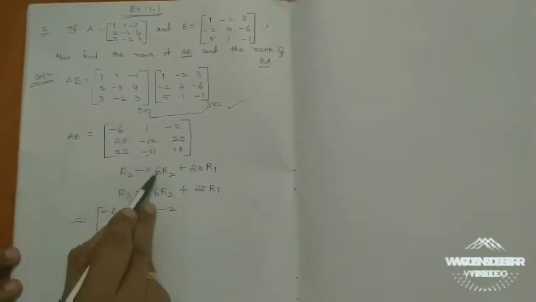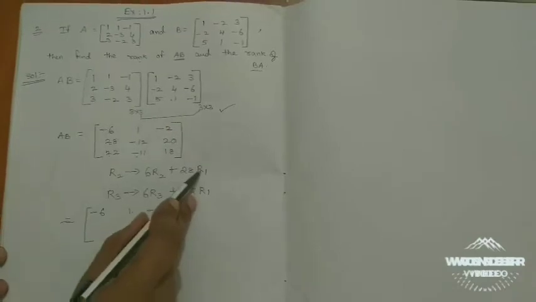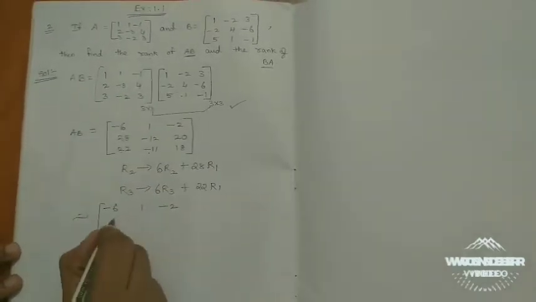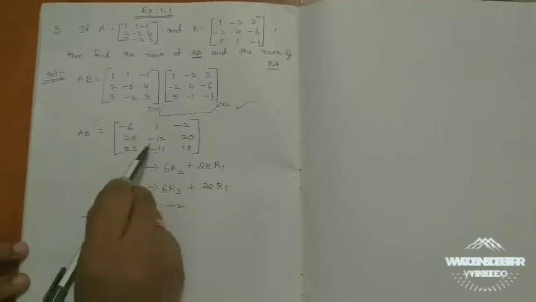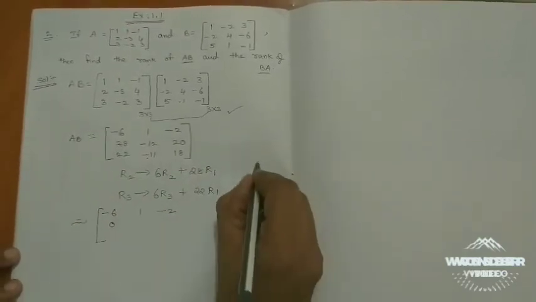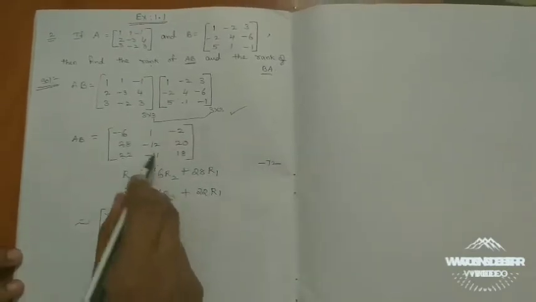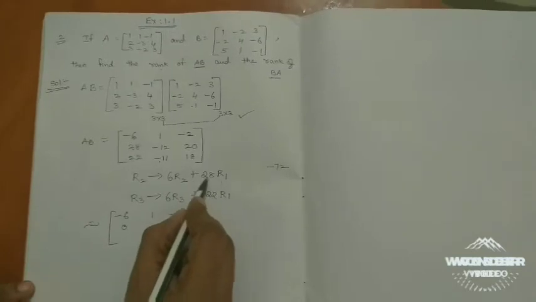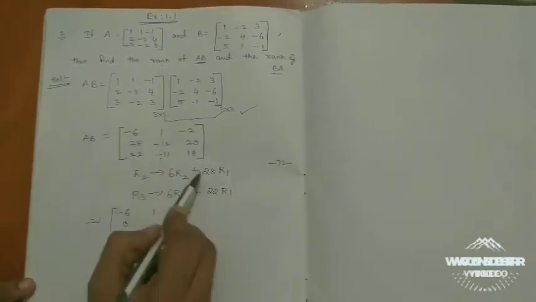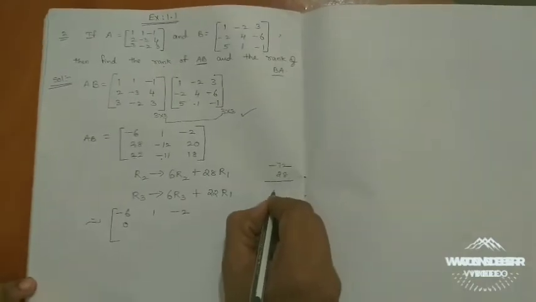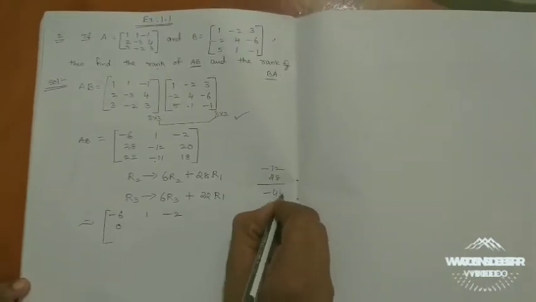Now second row: 6 into 28 and 28 into 6, one is plus and one is minus, so it will get cancelled. You can take it as 0. And here 6 times R2: 6 twelves are minus 72, and plus 28 R1, so 28 ones are 28. If I subtract this, I will get the answer minus 44.